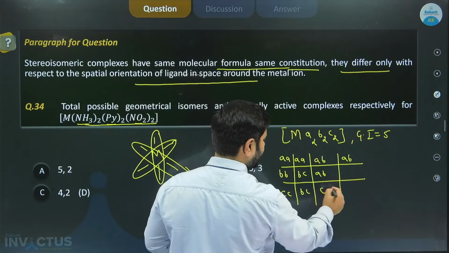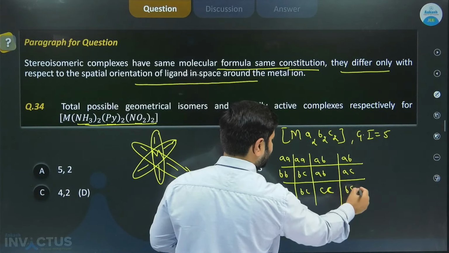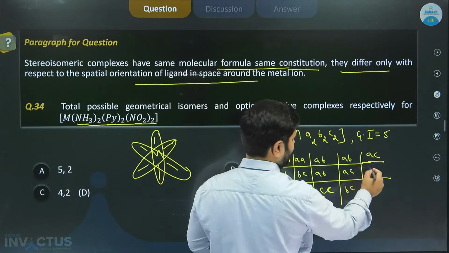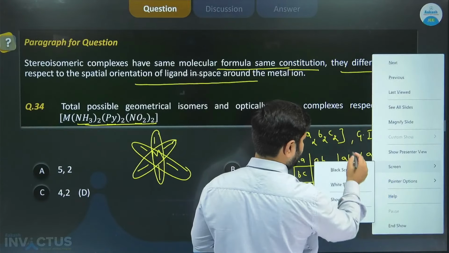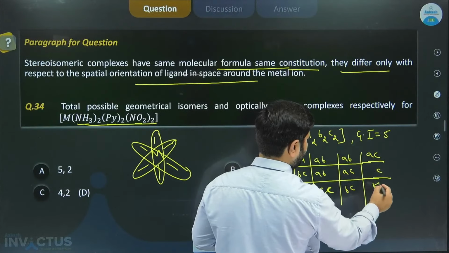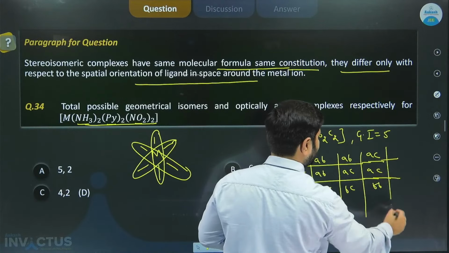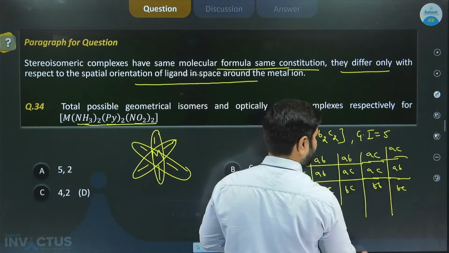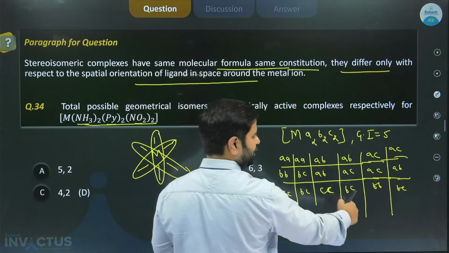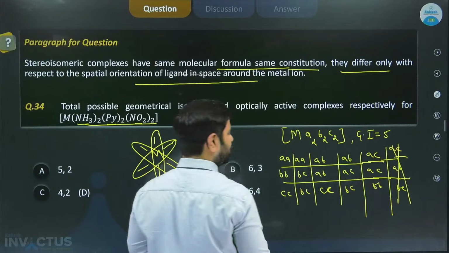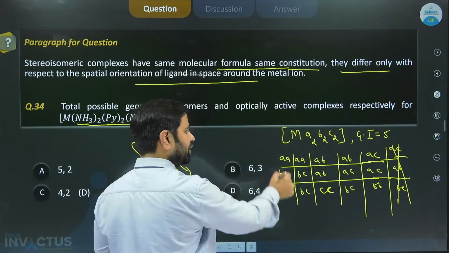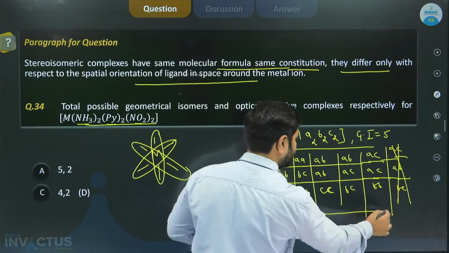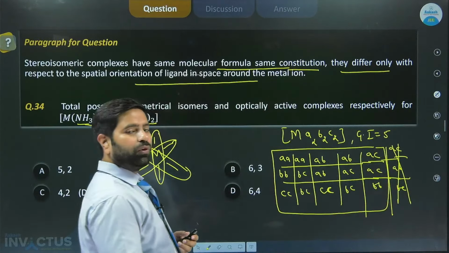For AB, you can write AC and BC. Now for AC, you can write AC and BB. When you write AC, AB and BC, it would get repeated. So this is the method. You choose the 3 trans positions for the monodentate ligands, and you will get your 5 isomers.